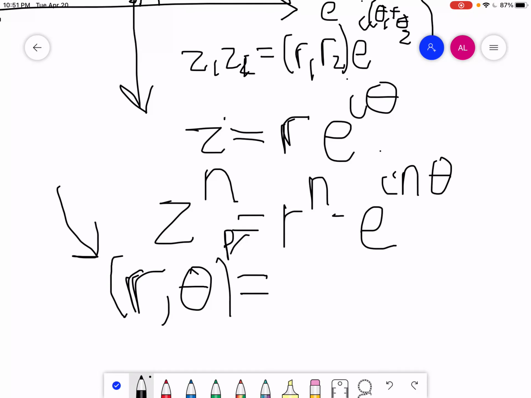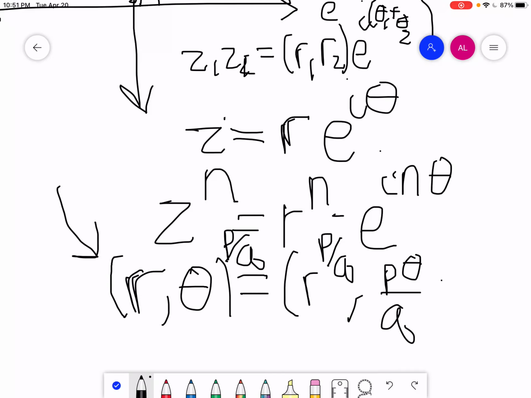This would just be the same thing as r to the p over q times the angle p theta over q plus 2 pi k over q, where k is some integer. Because when we add 2 pi to a complex number, it will be multiplied.